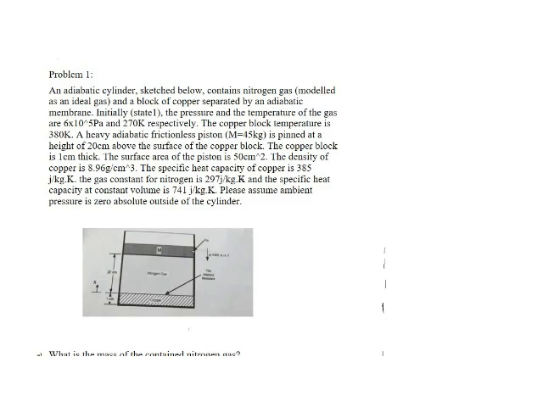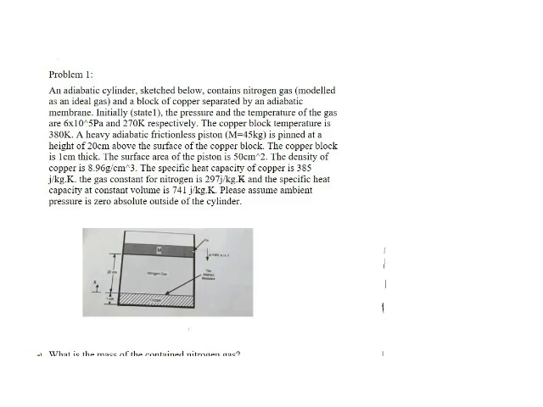A heavy adiabatic frictionless piston with mass 45 kilogram is pinned at a height of 20 centimeter above the surface of the copper block. The copper block is 1 centimeter thick. The surface area of the piston is 50 centimeters squared. The density of the copper is 8.96 grams per centimeter cube, and the specific heat capacity of copper is 385 joules per kilogram Kelvin.